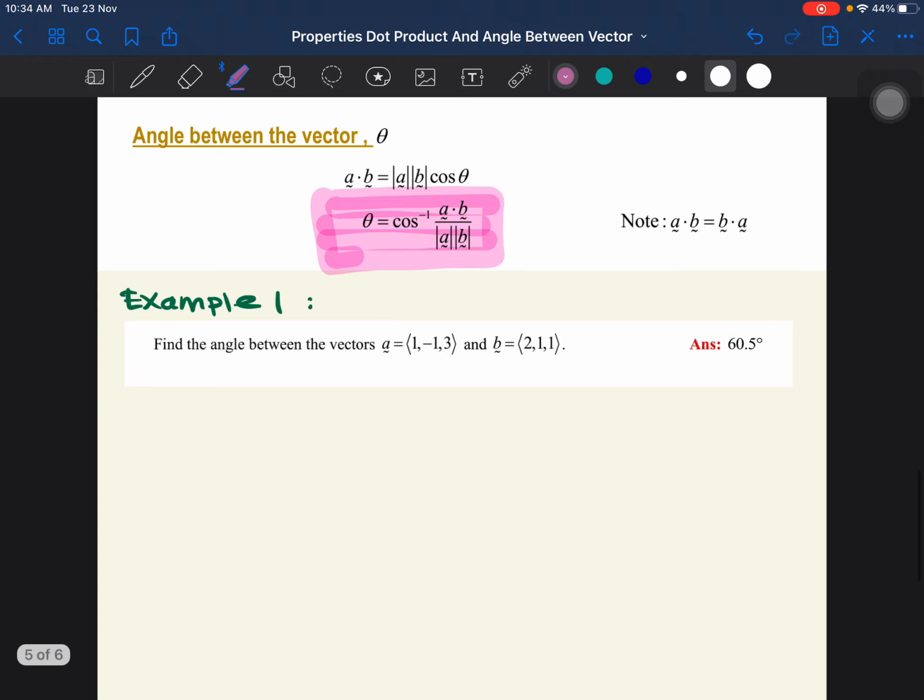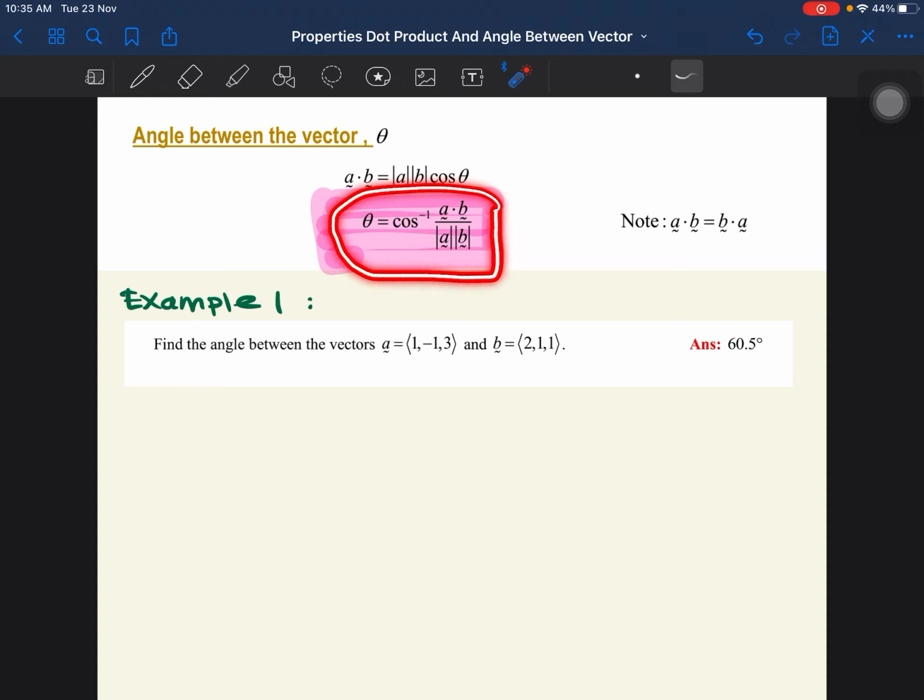Okay, so take a look at the first example here. This is a very straightforward question. You are given two vectors and you are asked to find the angle between them. The formula we are going to use requires the magnitude of A, the magnitude of B, and the dot product between vector A and vector B. You must have these three, then only can you find the angle between the vectors.